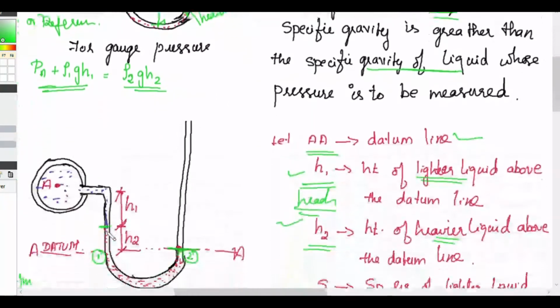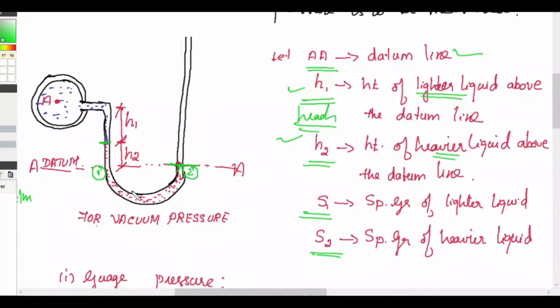Same way, for vacuum pressure, pressure at 1 will be equal to PA plus rho 1 GH1 plus rho 2 GH2. At 2, there is no pressure because above the datum there is no pressure, so that is equal to 0.